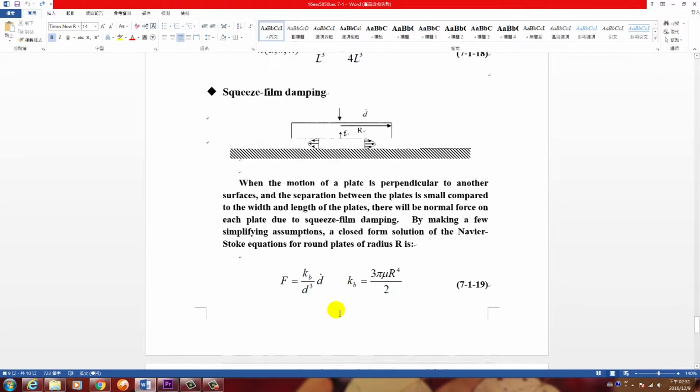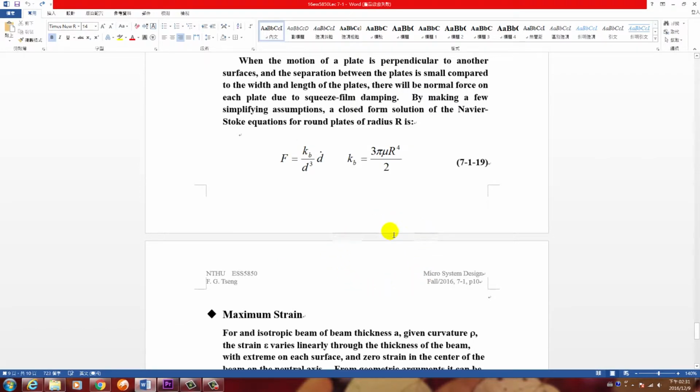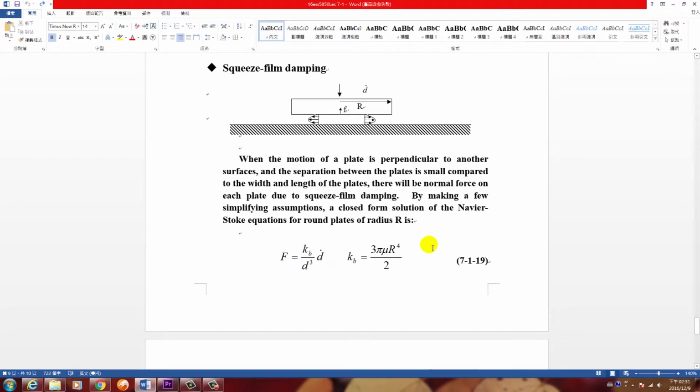And also there is some parameter k over here. The k represents the size of the disk. Currently, we are thinking of using a circular type of disk to simulate. But in the design, we are using a square type.